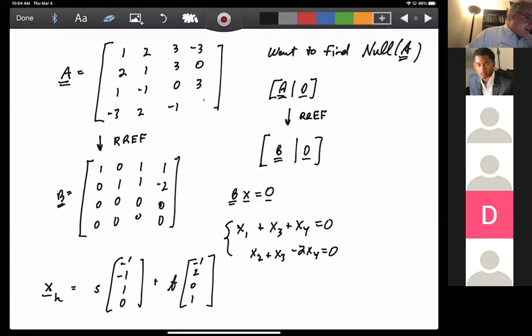Notice we've got a linear combination of 2 vectors already. So this is not the only way to characterize it, but the null space of our matrix is really the span of those 2 vectors we have here, multiplied by our free parameters.